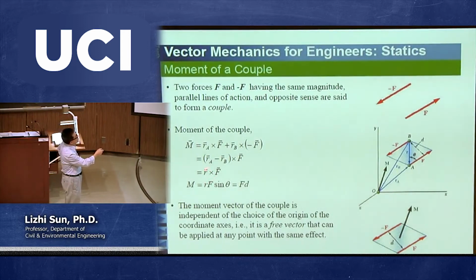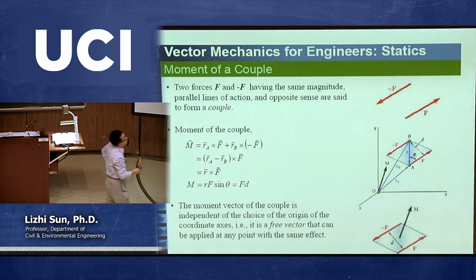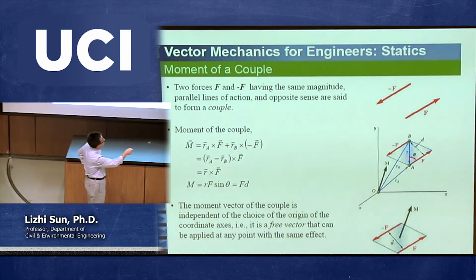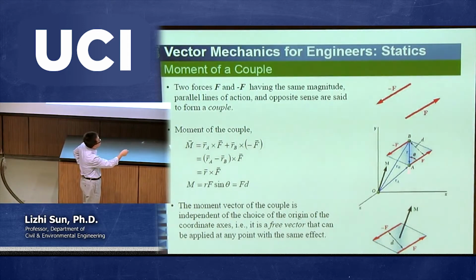By definition, the magnitude of R, that means this is distance, not vector, multiplied with the magnitude of F, and then times the sine of the angle between these two vectors. So you have vector R, you have force F, and obviously this is the angle between these two vectors. So R multiplied by sine theta, this is R times sine theta, that's D.